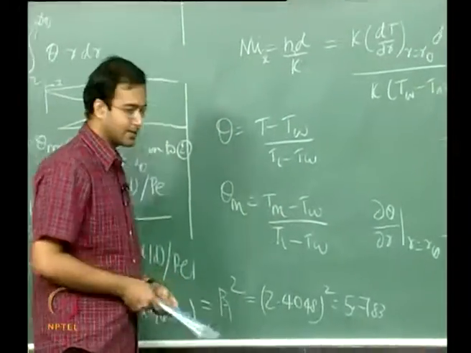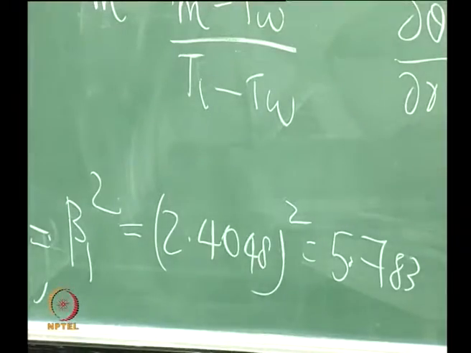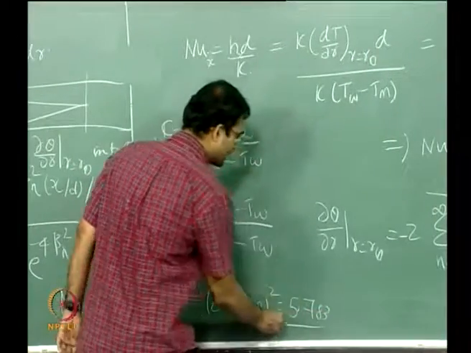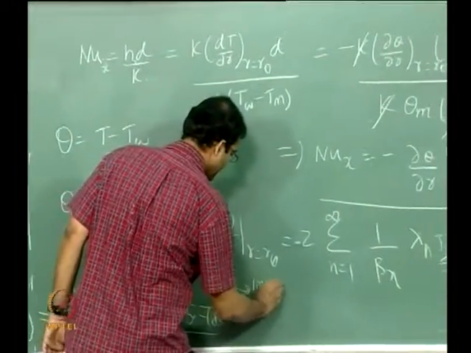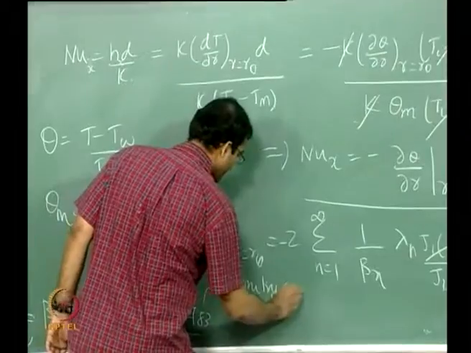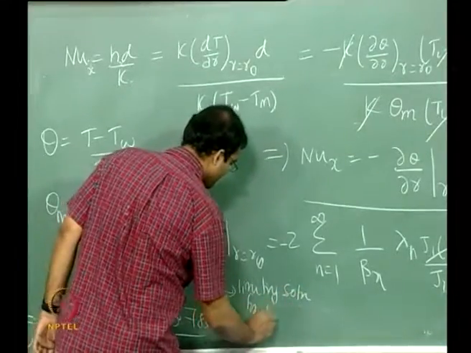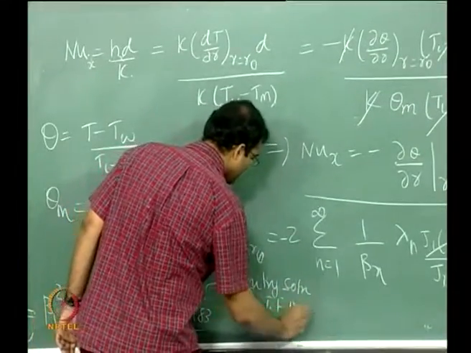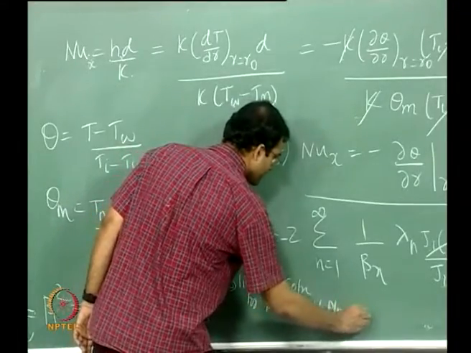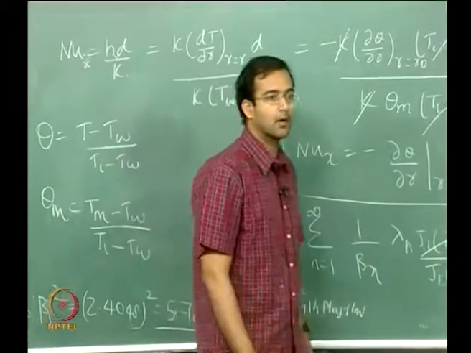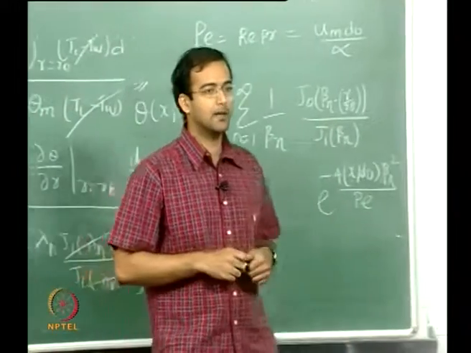So this is the limiting solution for thermally fully developed flow with plug flow. Whatever we derived earlier was with a parabolic flow.